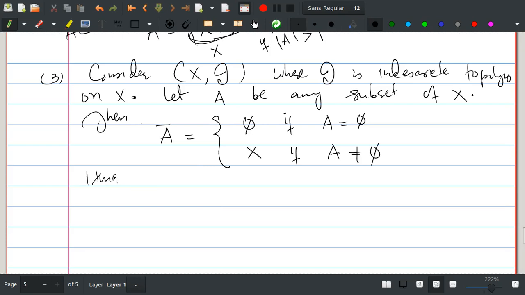Hence A is dense in X if A is non-empty.